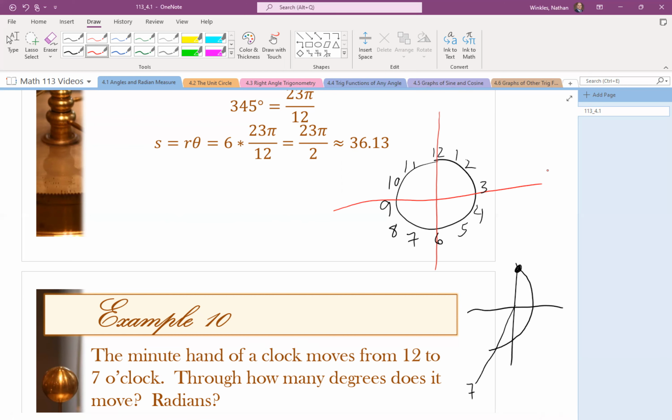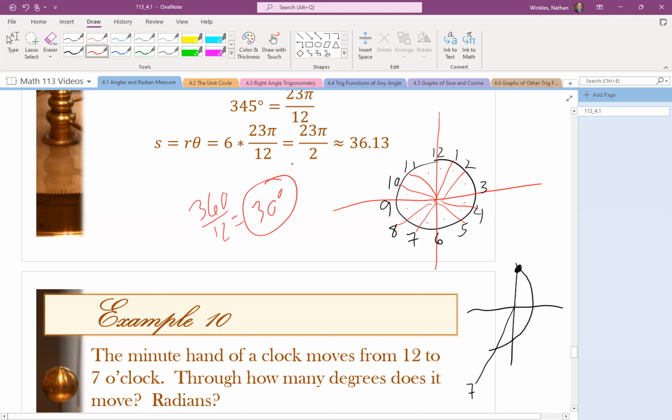So if we were to draw lines here, 1, 2, 3, then 4, 5, 7, 8, 10, 11. So how many spots do we have? 1, 2, 3, 4, 5, 6, 7, 8, 9, 10, 11, 12. 12 evenly spaced spots. So 360 degrees divided by 12 spots gives me 30 degrees.